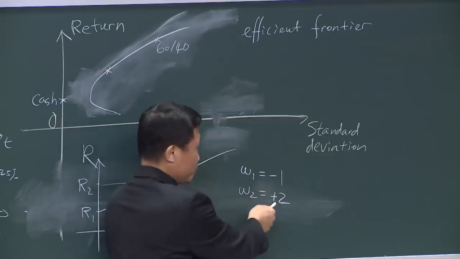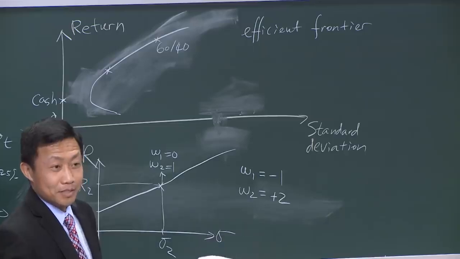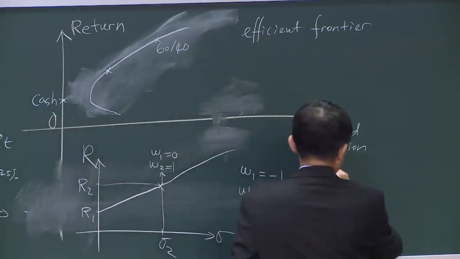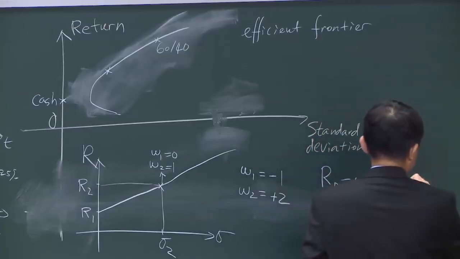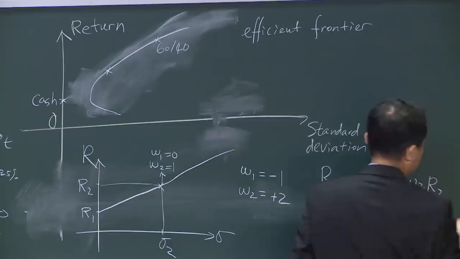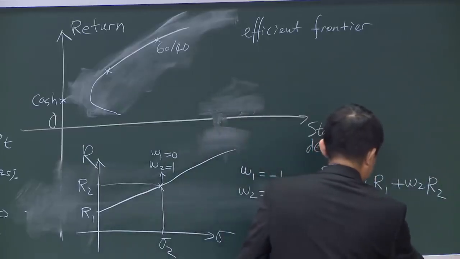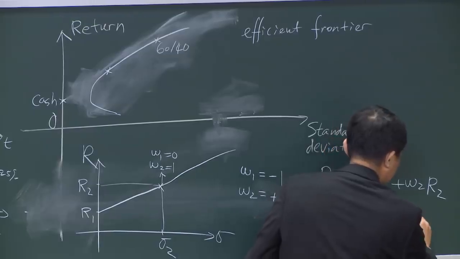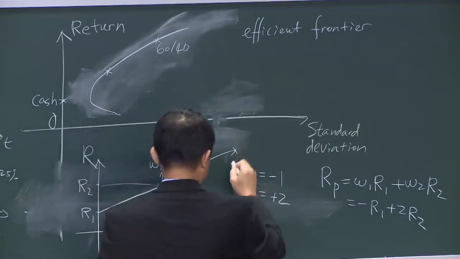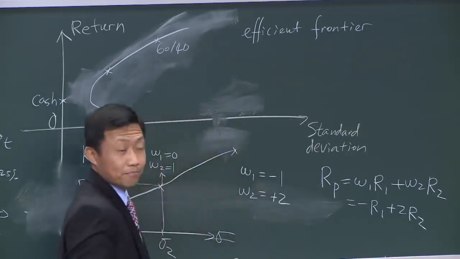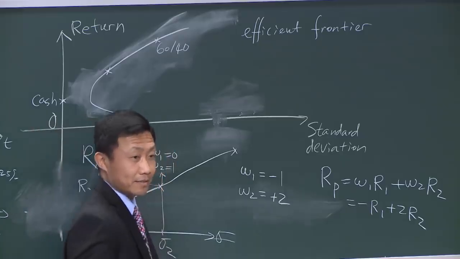So you have plus 2 minus 1. What does the return look like when you do this? R_P equal to W1 R1 plus W2 R2. So minus R1 plus 2 R2. That's your return. It's this point here. What does your variance or standard deviation look like?